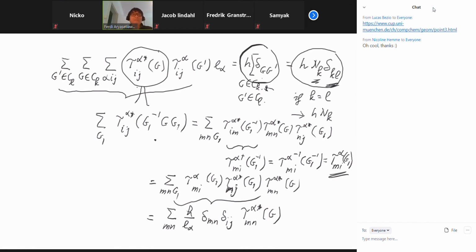Are you with me? So then I can just get rid of this orthogonal delta and then you get a bit more space here. So let me go here. And then that becomes H over alpha delta IJ, sum over N T alpha star N, T. So this is just the trace.